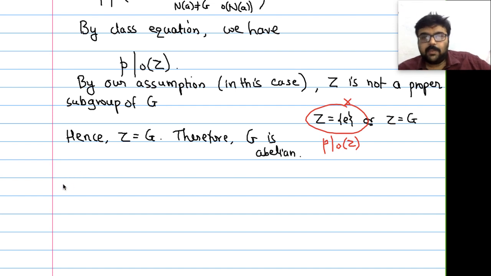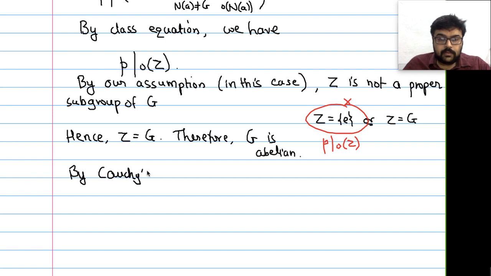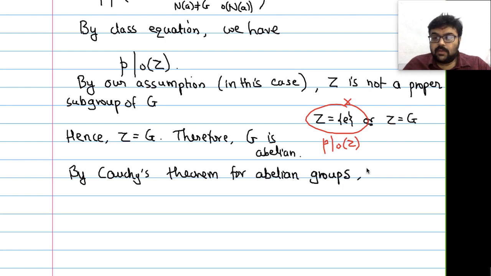If G is an abelian group and P divides order of G, then there is an element in G of order P. This is already proved in unit 1. In the abelian case, we have already done it. So in this case, we are done.